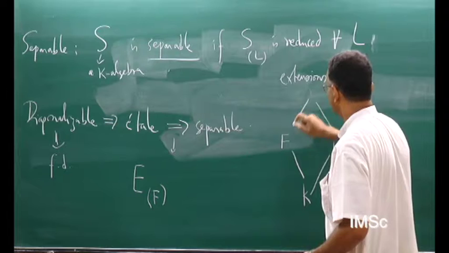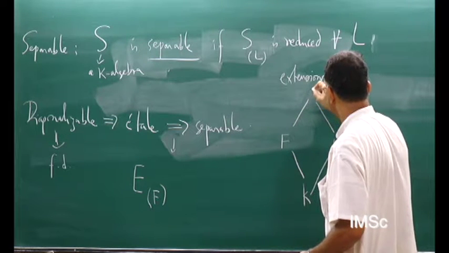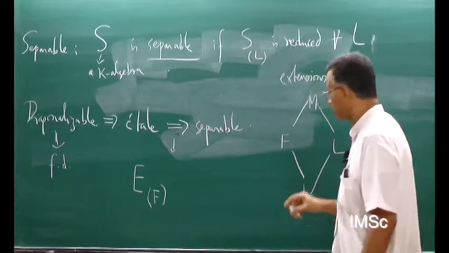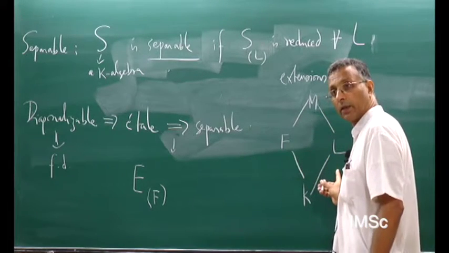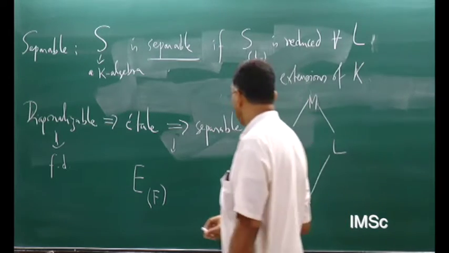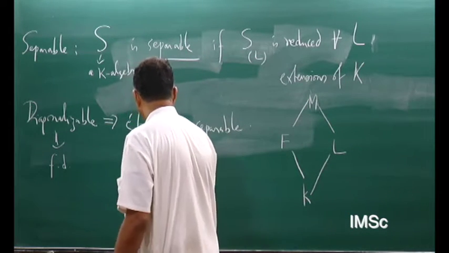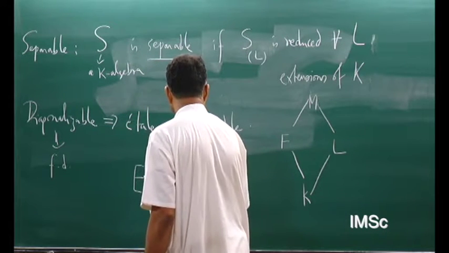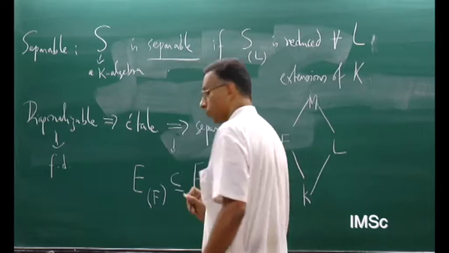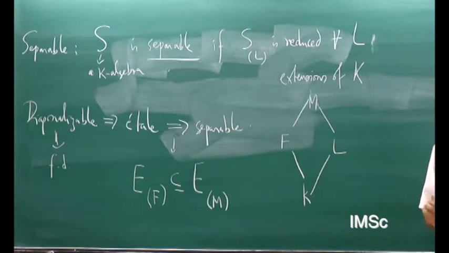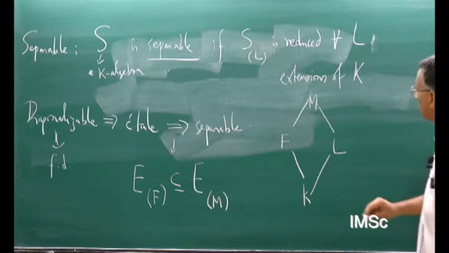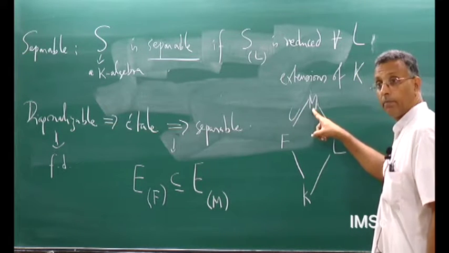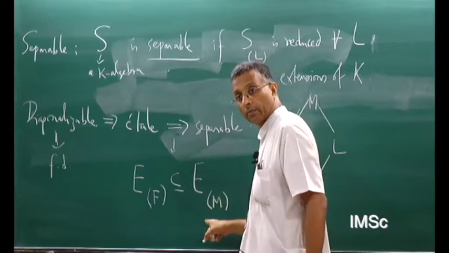So I choose some, what should we call it, M. This is containing both F and L. Right. So, to show EF is reduced, EF is contained in EM. Right, F is contained in M, therefore EF is contained in EM.